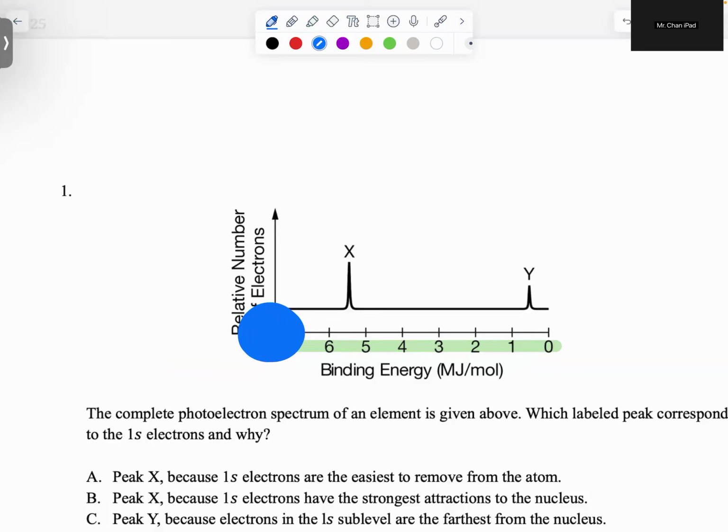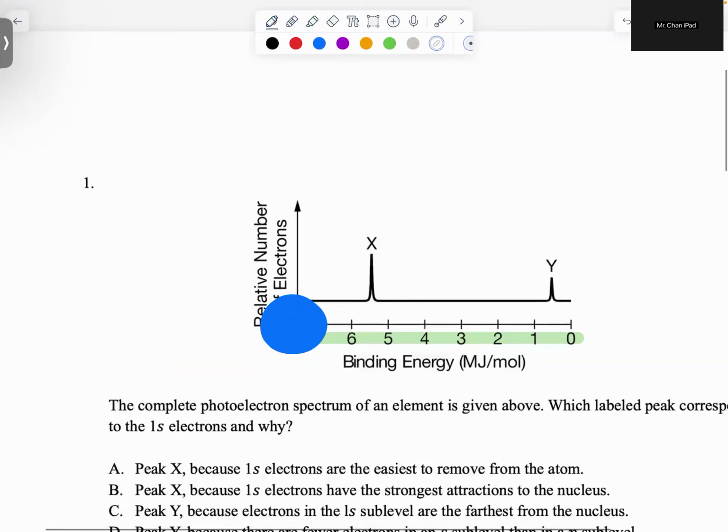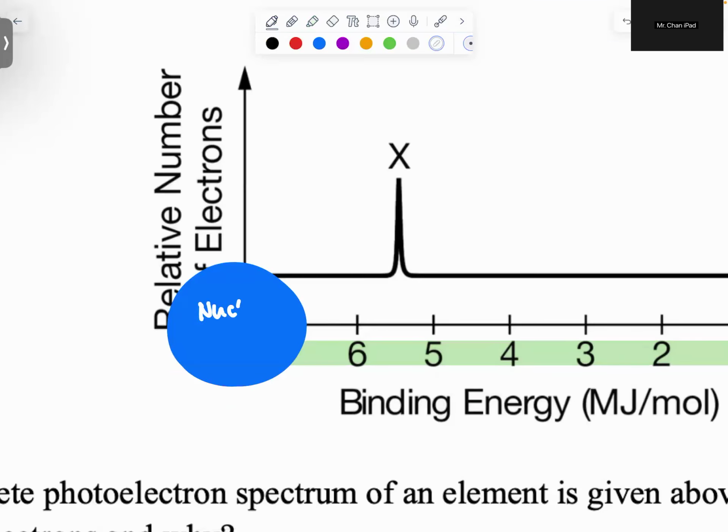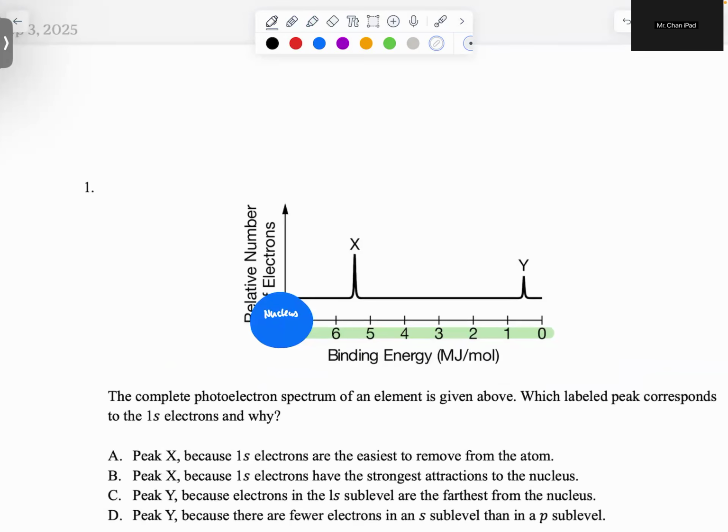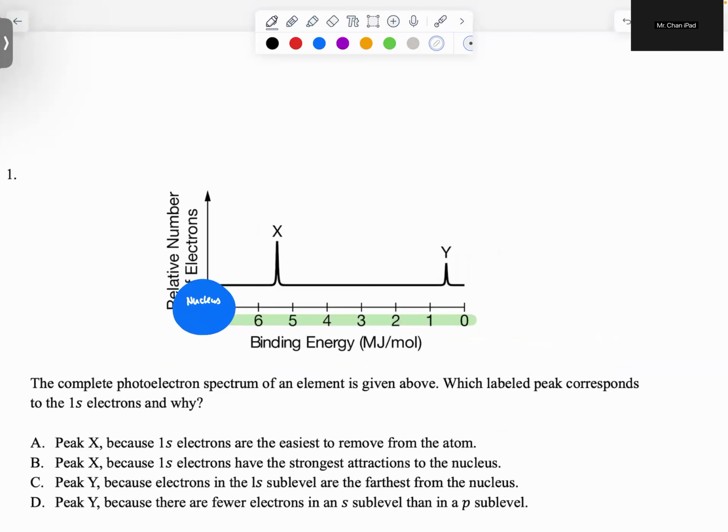I'm going to label this as the nucleus. And that's how we know the electron configuration: 1s2, 2s1. And by the way, the height of the peak represents the amount of electrons.